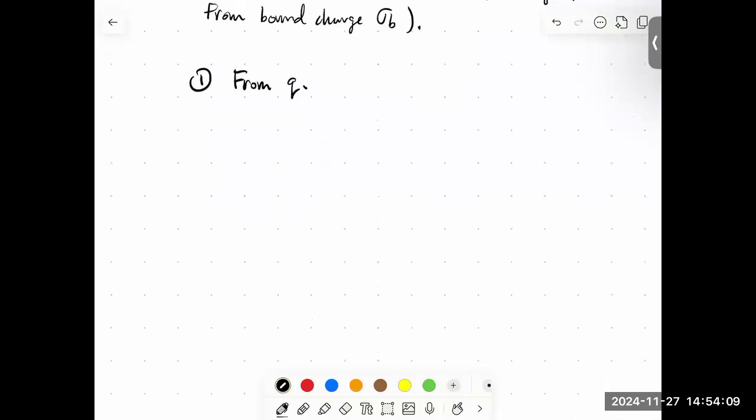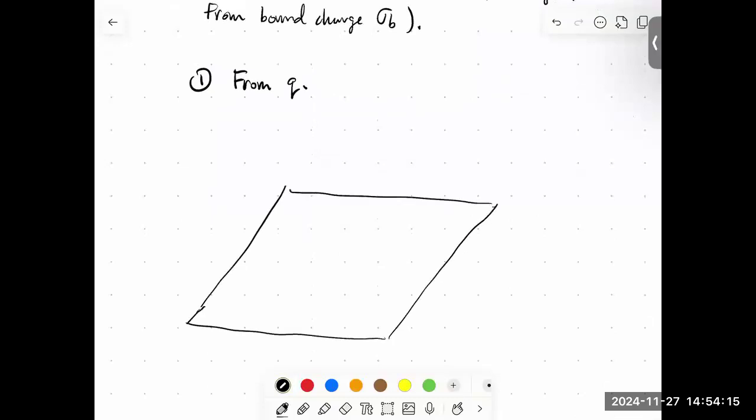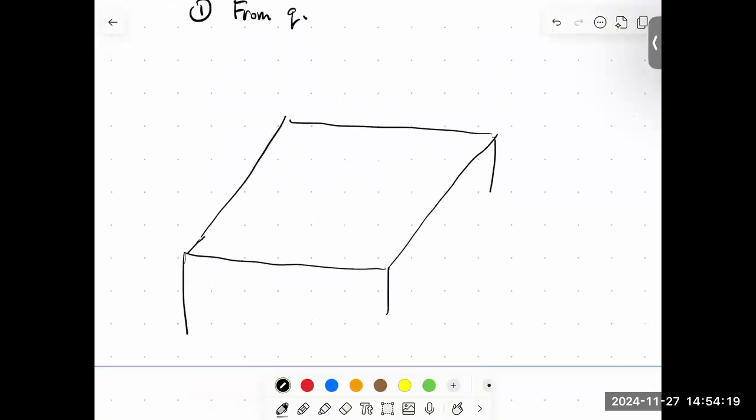I'm going to try my best to draw a 3D version of this picture. Here's the surface of our dielectric. It continues, it fills the half space below z equals 0. Then we have Q sitting up here. This is our distance d.